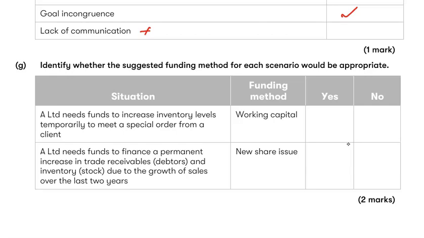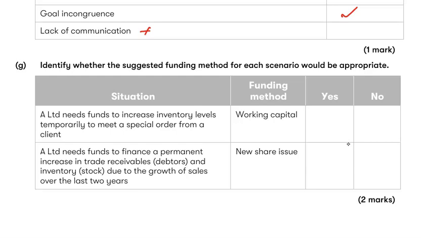Identify whether the suggested funding method for each scenario will be appropriate. What are the situations? A limited company needs funds to increase the inventory level temporarily for a special order from a client. So funding method working capital, yes or no? A limited company needs finance to permanently increase the trade receivables, meaning they need the money for the long term, and the inventory stock due to the growth of sales over the last 2 years.